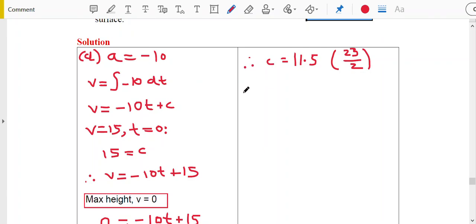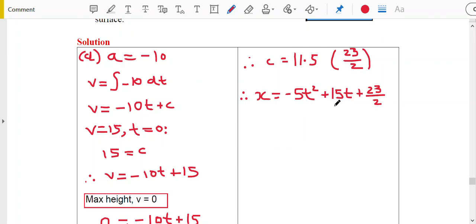So therefore, my displacement function, x, equals minus 5t squared plus 15t plus 23 over 2, if I want to use exact fractions. That's my position.